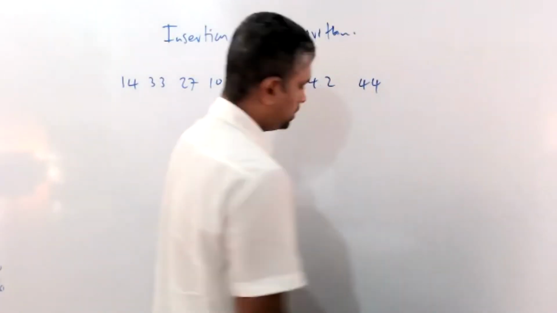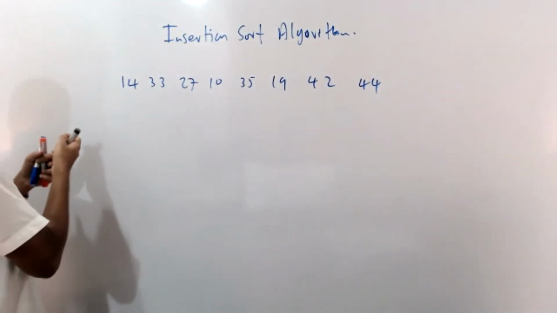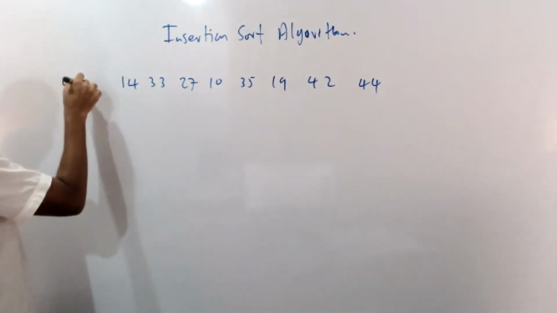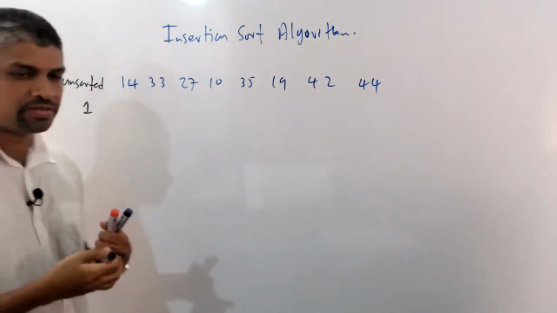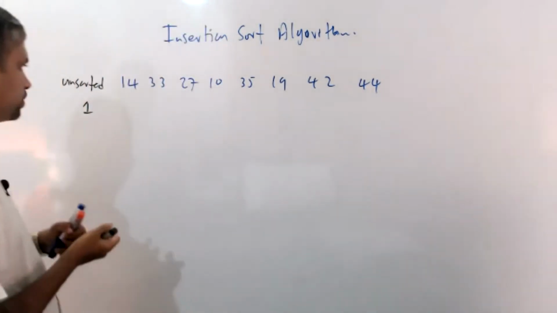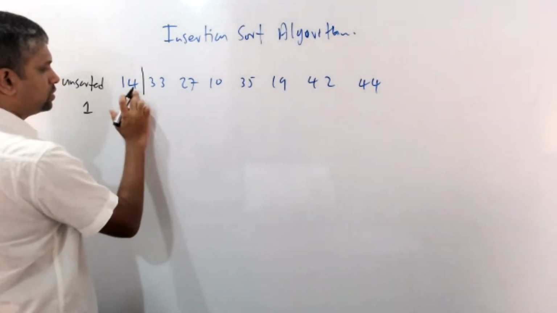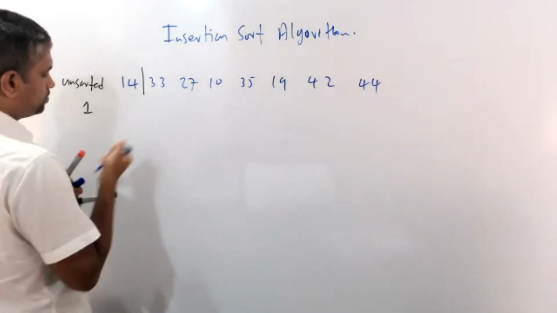So this is the initial state. We call it unsorted. This is the first step. In the first step, what we are going to do is compare these two. These two are okay, no? Therefore, no change.